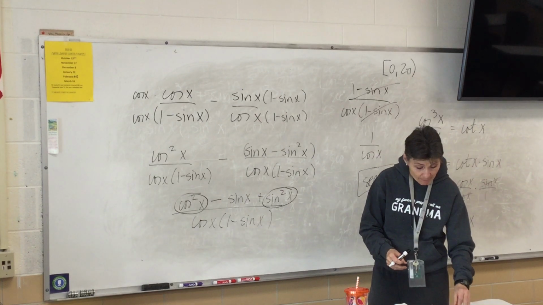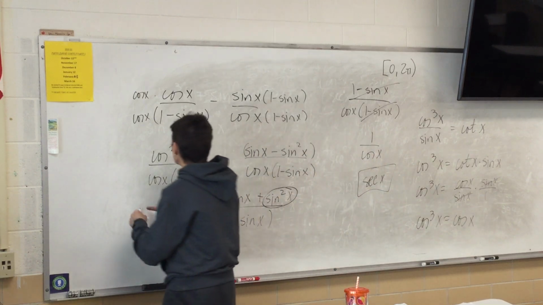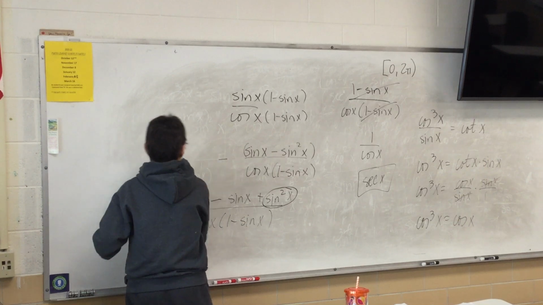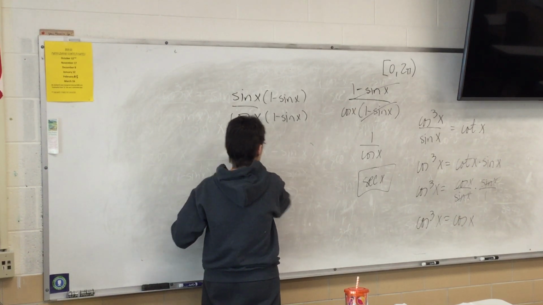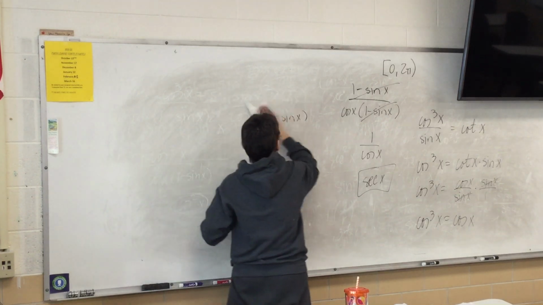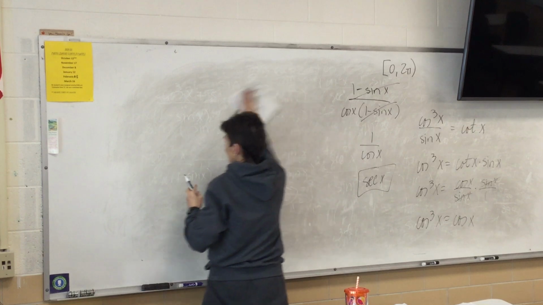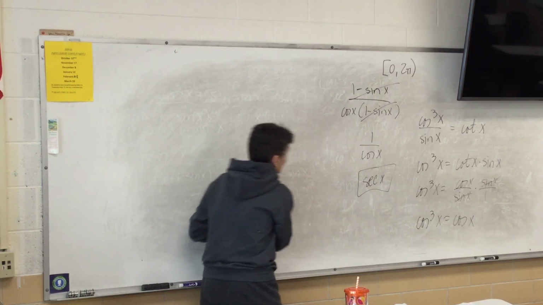Now, you're tempted, I'm 100% positive, that you are tempted to divide by cosine. Guys, you cannot divide by a variable. Do not divide. This is going to come up over and over and over again. It's going to tempt you every time, and you're going to be wrong every time you do it.